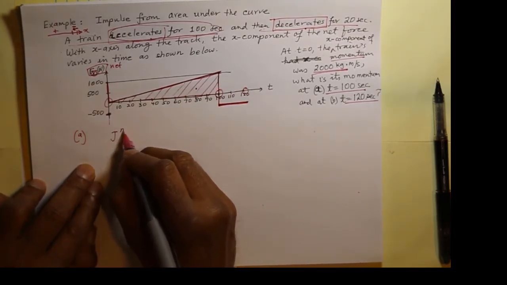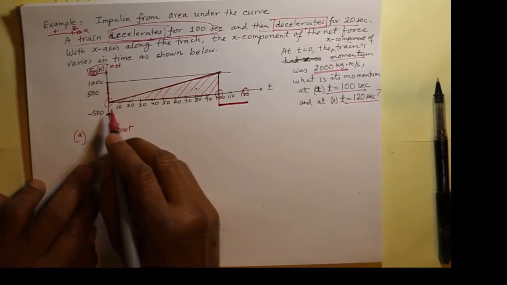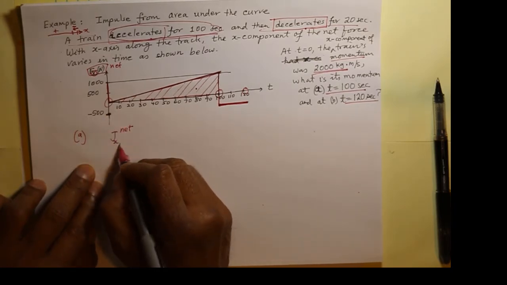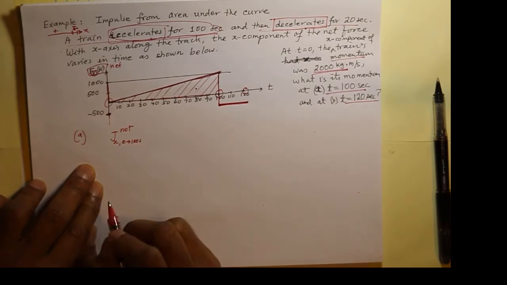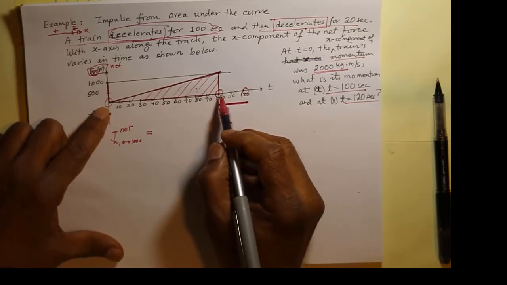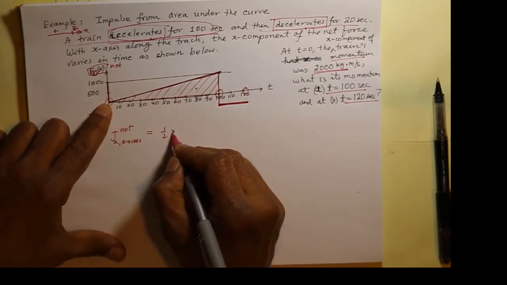So J net x, we're looking at the x force, from 0 to 100 second interval, and that just gives me this triangle, so base times height times half.